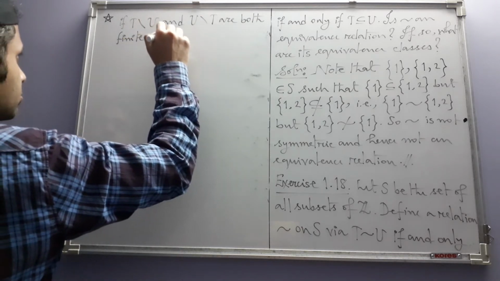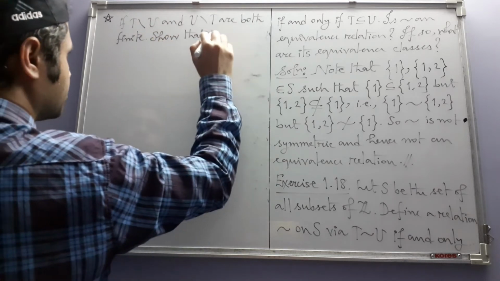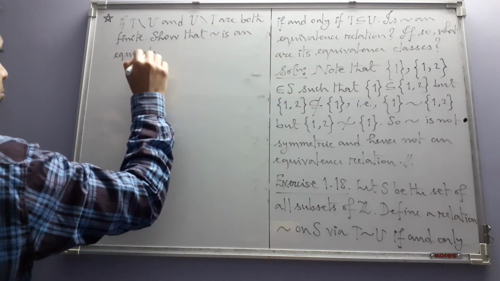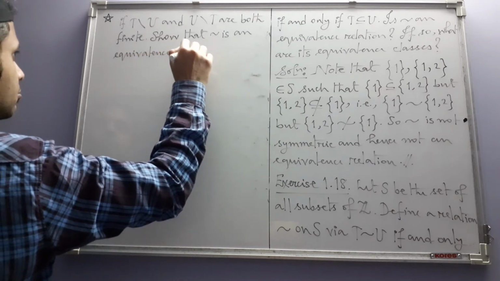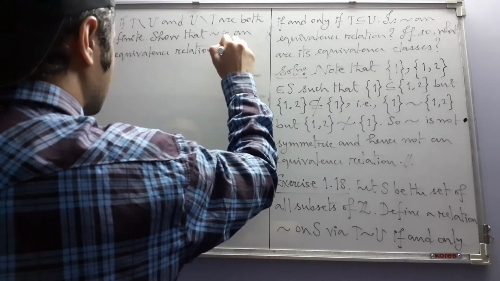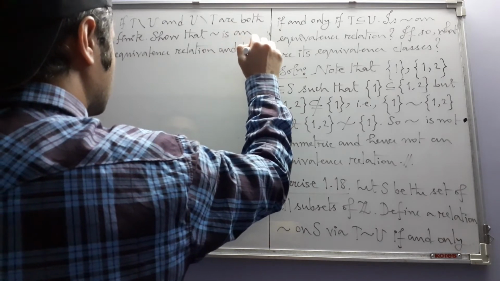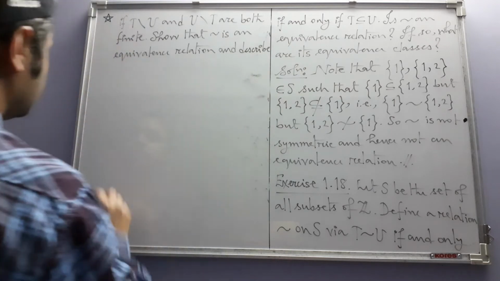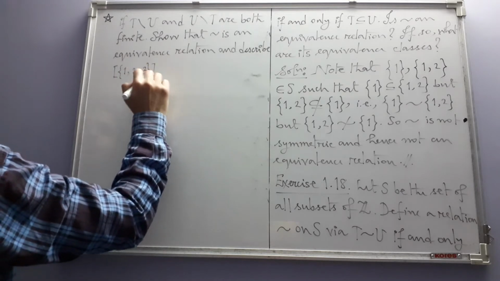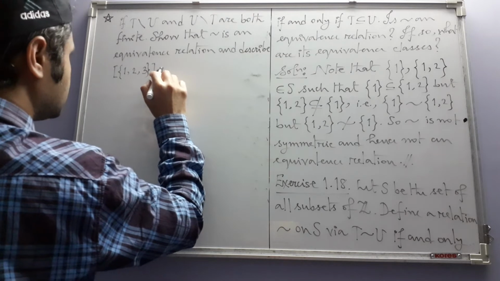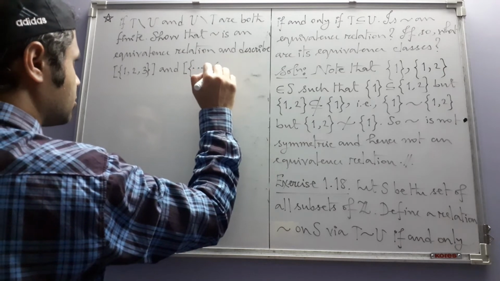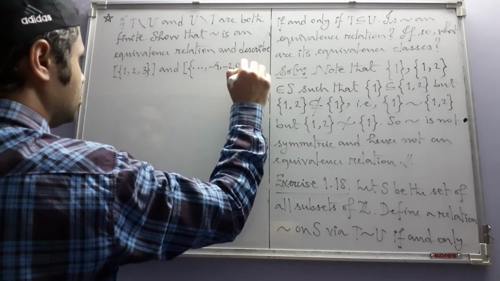Here we have to show that this is an equivalence relation, and describe the equivalence class containing the set consisting of 1, 2 and 3, and the equivalence class containing the set of all even integers.